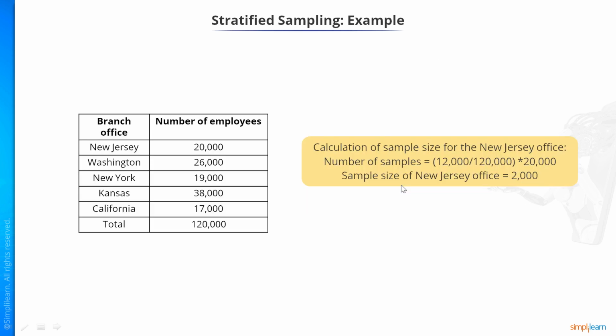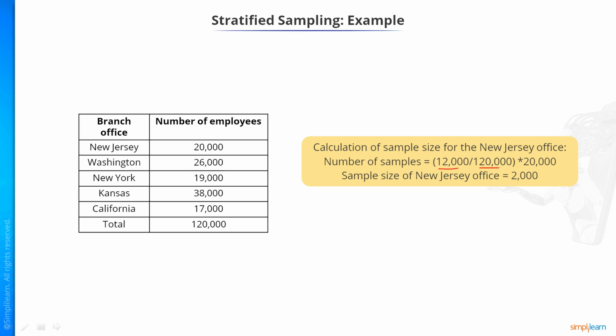For example, we need to find how many employees we will take as a sample from the New Jersey office. So how are we going to find it? We will see the ratio. Assume the total sample size is 12,000.